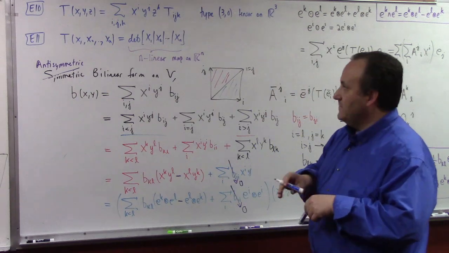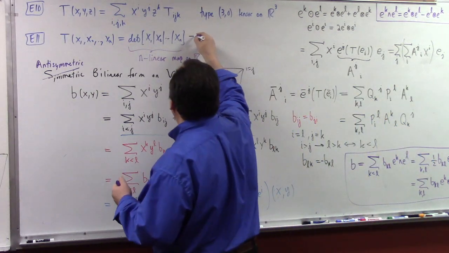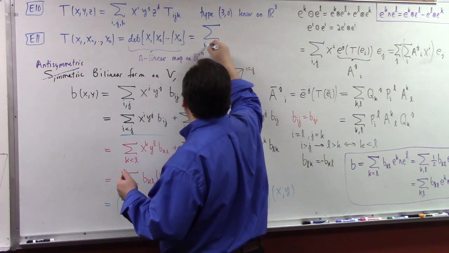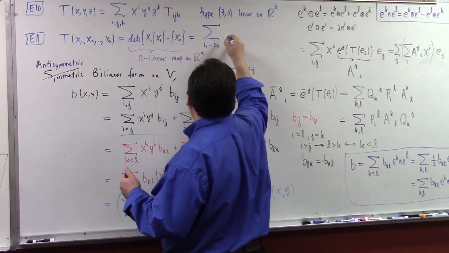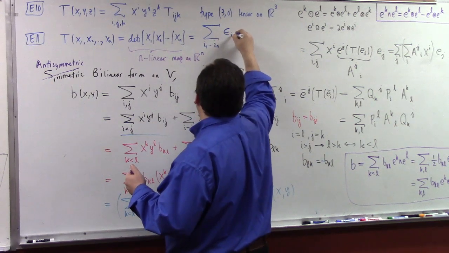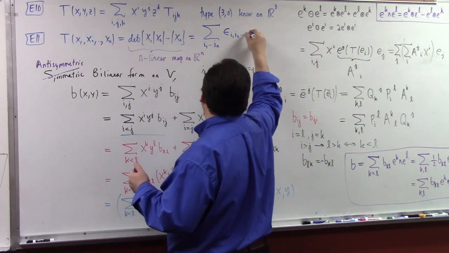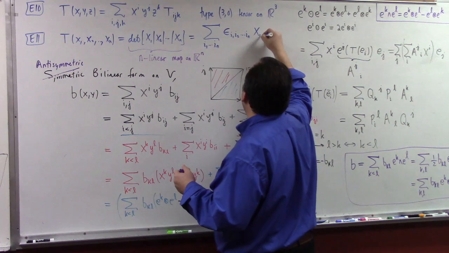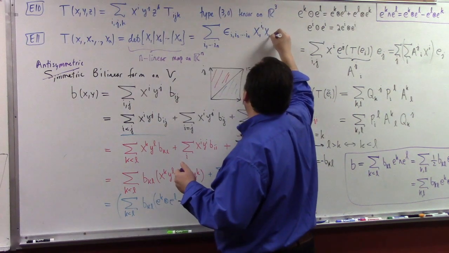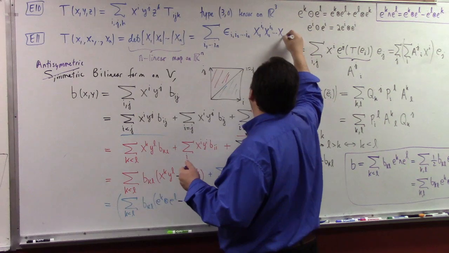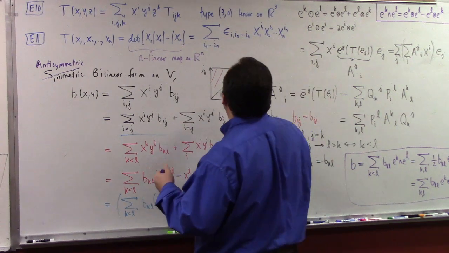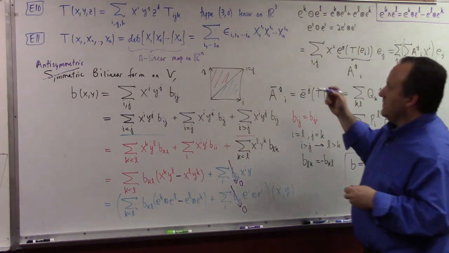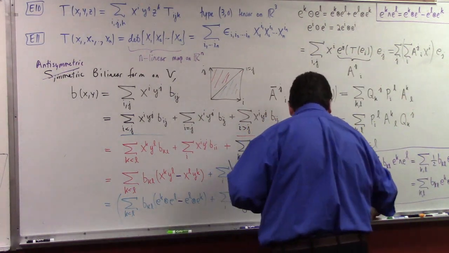There's actually a formula for it. I don't know if you know this or not. Have I told you about this before? That is my definition for the determinant in linear algebra, where here, this is the so-called Levi-Civita symbol.